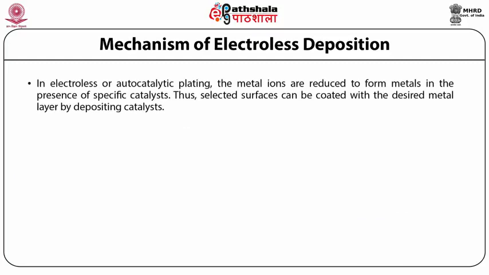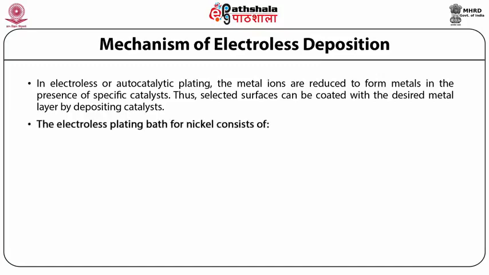In electroless or autocatalytic plating, the metal ions are reduced to form metals in the presence of specific catalyst. Thus, selected surfaces can be coated with the desired metal layer by depositing catalyst.